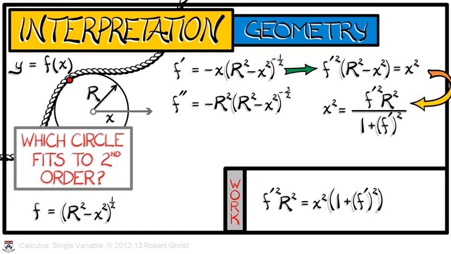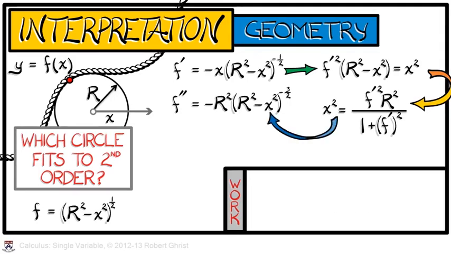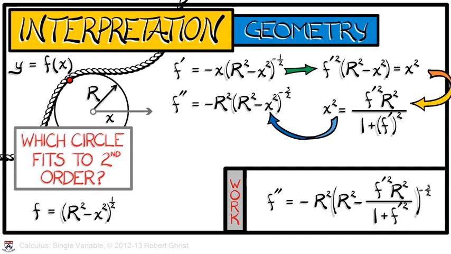Now, we can substitute that into the second equation, the equation for f double prime, and so eliminate the x variable. When we do that substitution, what are we going to get? We'll get that f double prime equals negative r squared times r squared minus f prime squared times r squared over 1 plus f prime squared, all of that to the negative 3/2.